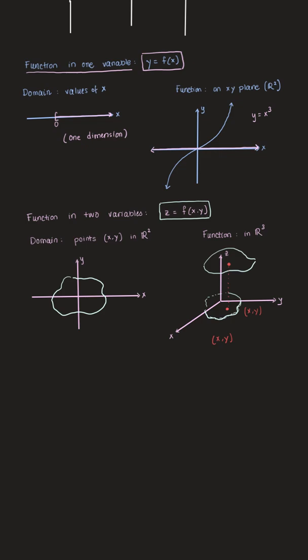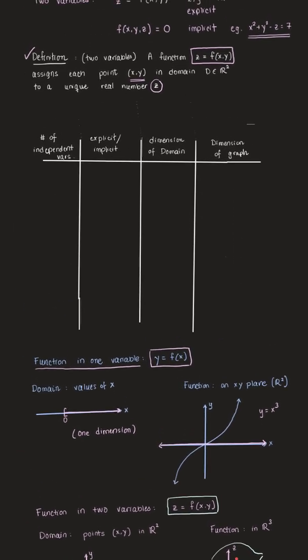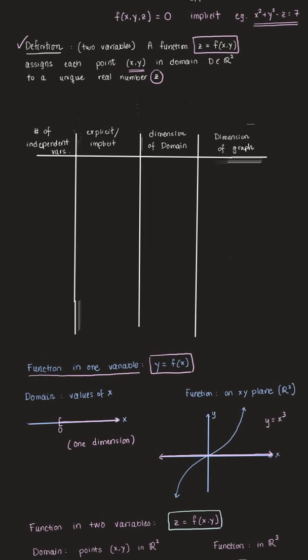All right, so let's think, can we extend this to even higher dimensions? Let's make a chart here to help us understand how we can do that. So if we start with number of independent variables, let's say we have 1, like x, then our function will look like y equals f of x in its explicit form, or f of x, y equals 0 in its implicit form.